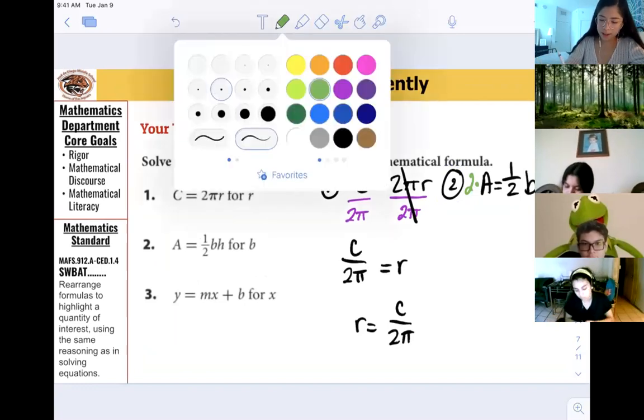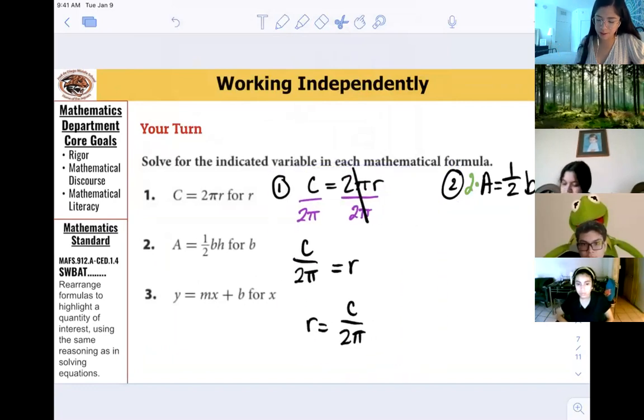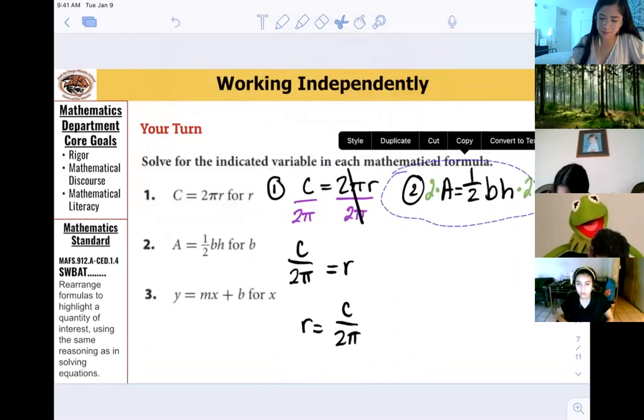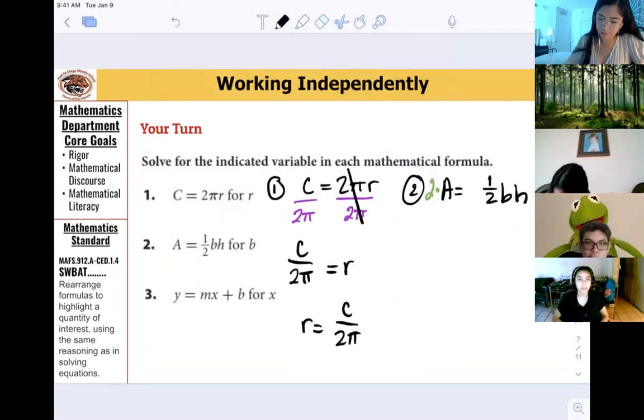Now, what this does is it gets rid of the fraction. I'm going to move things around a little bit just to make this clearer, so I have a little more space. Let me rewrite that. There we go.